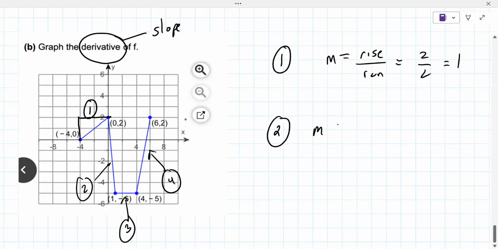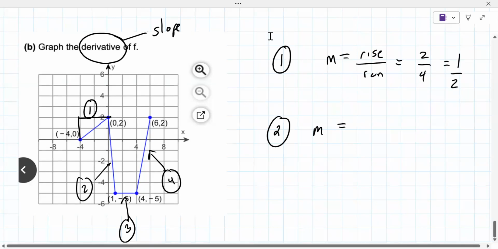We need the slope of that. So it's rise over run. This time it's going down, down, down, down, and then over. And actually, I let you talk me into something else here. The run is 4 because it's not scaled the same on the X and Y axis. Sorry about that.